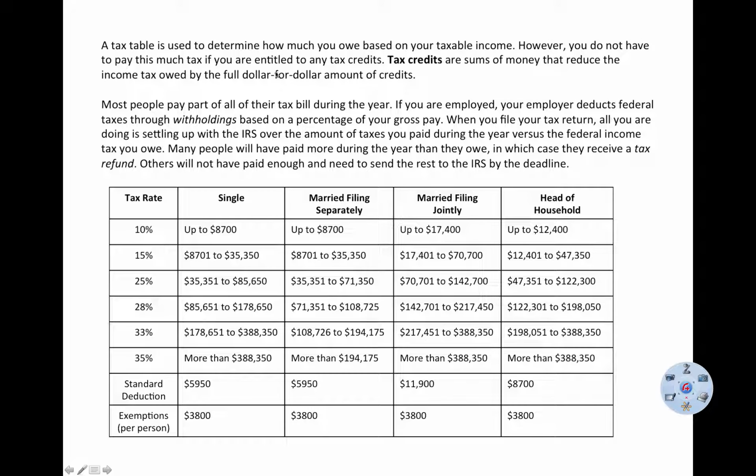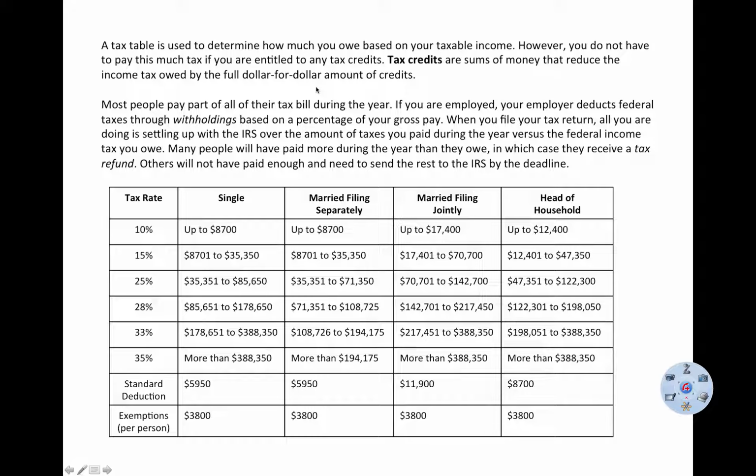A tax table is used to determine how much you owe based on your taxable income. However, you do not have to pay this much tax if you're entitled to any tax credits. Tax credits are sums of money that reduce the income tax owed by the full dollar-for-dollar amount of credits.